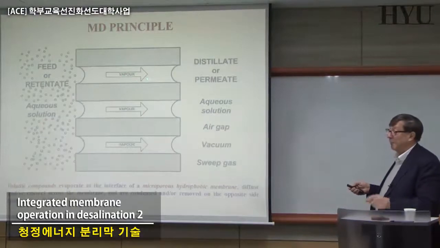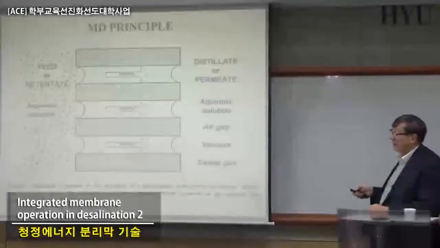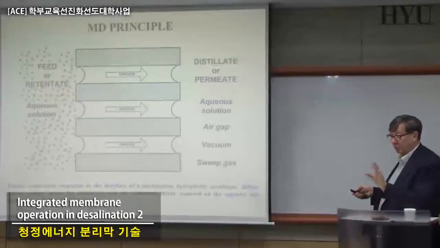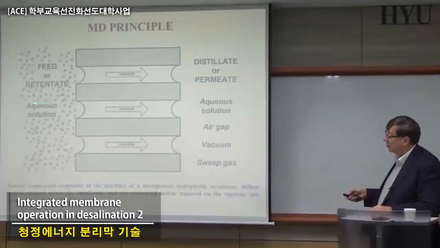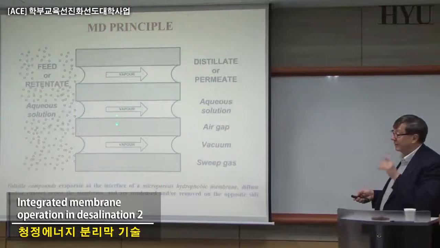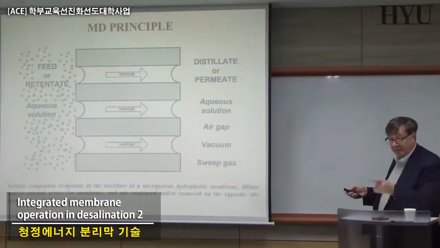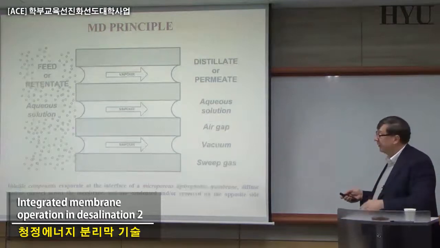You have a microporous hydrophobic membrane. That means this material is strongly hydrophobic, working with an aqueous system, an aqueous solution, and porous, and as you see, ideally all the pores are equal. And you know that is not the case, and that is one of the problems we have to try to solve.